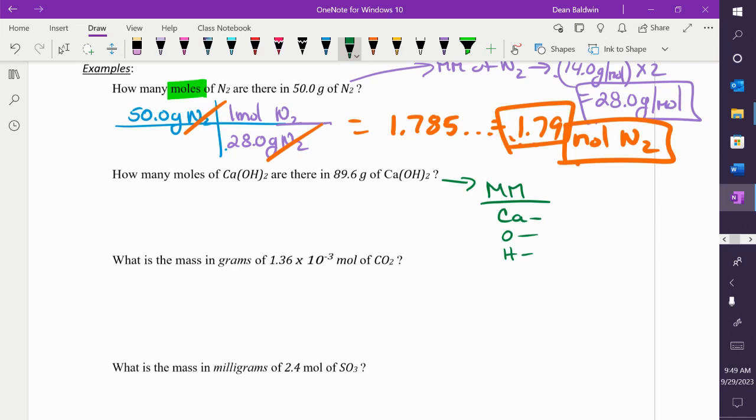You know what I do for this one? Instead of specifically writing out each one of those, if we have a polyatomic ion, 16 plus 1 is 17, times 2 is 34.